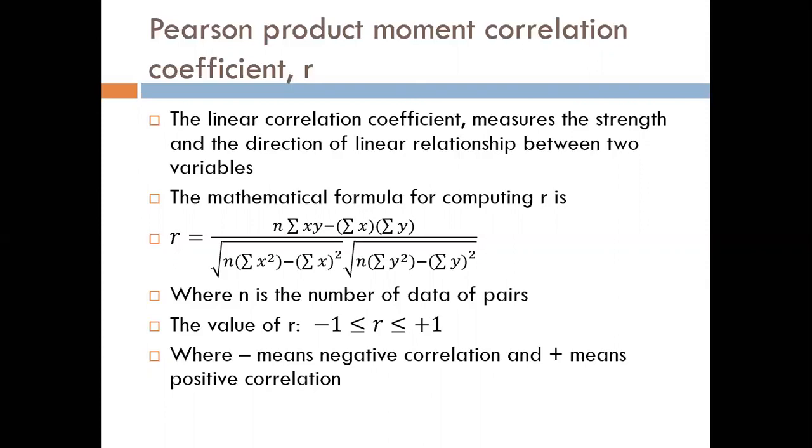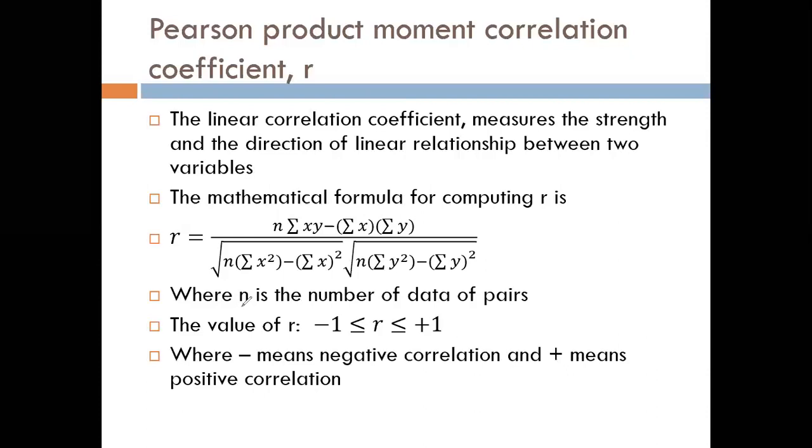And a very simple computational formula for r is given here, which is n summation xy minus summation x times summation y, over the square root of n summation x squared minus summation x all squared, times the square root of n summation y squared minus summation y all squared. Okay, and what you need to know is n is the number of data points.